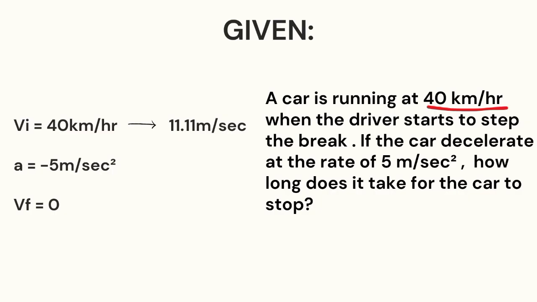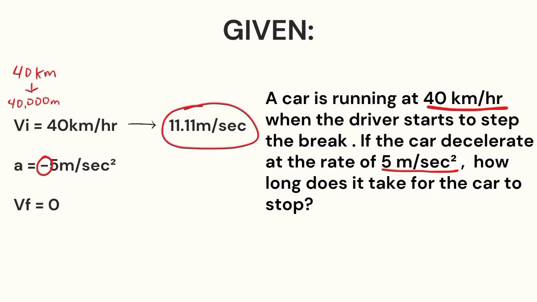But before we substitute the givens, let's analyze first how the initial velocity of 40 km per hour becomes 11.11 meters per second, and the change of sign in acceleration from positive to negative. When answering a problem in physics, or in any situation that needs units, we need to be consistent in our units. And as I said earlier, if the given is deceleration, it will always have a negative sign and the unit is meters per second squared.